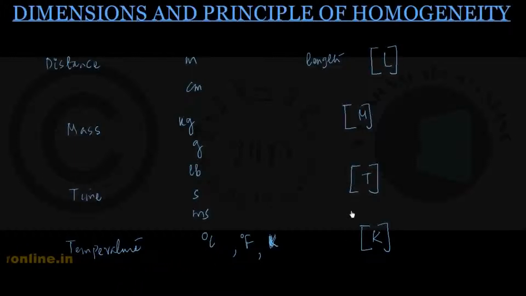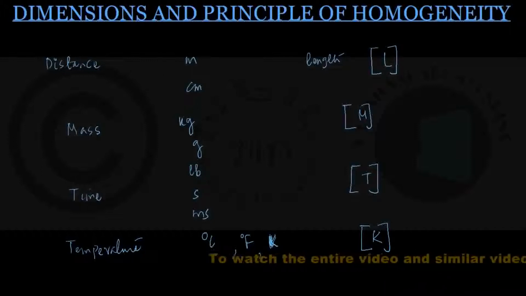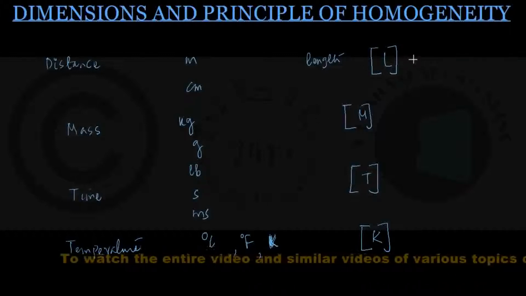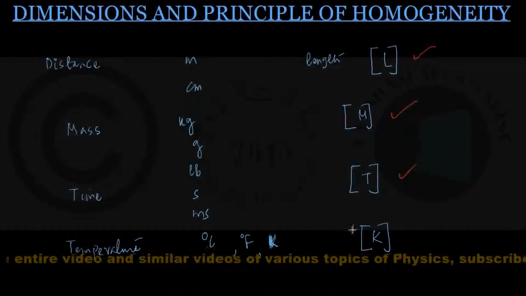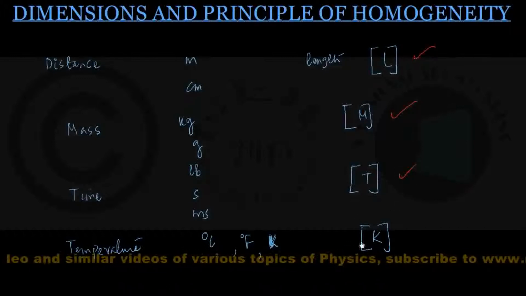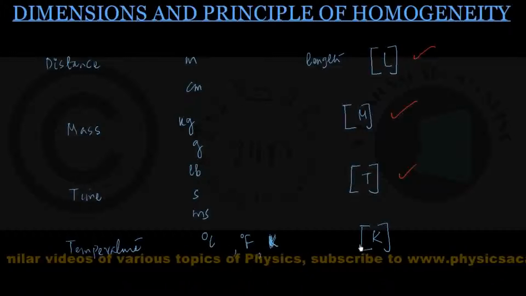This way we can have other quantities like electric current and so on. But remain focused now on the mechanics part of physics, where you mainly use three base quantity dimensions, M, L, and T. We shall need mainly the dimensions of length, mass, and time. In thermal physics, we might require this K also, for temperature.